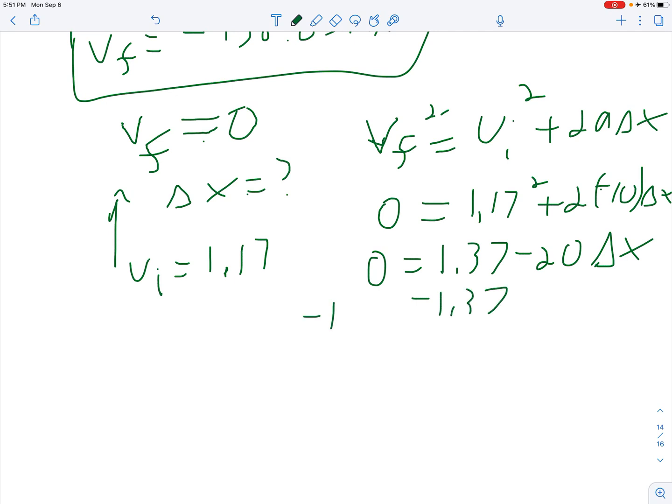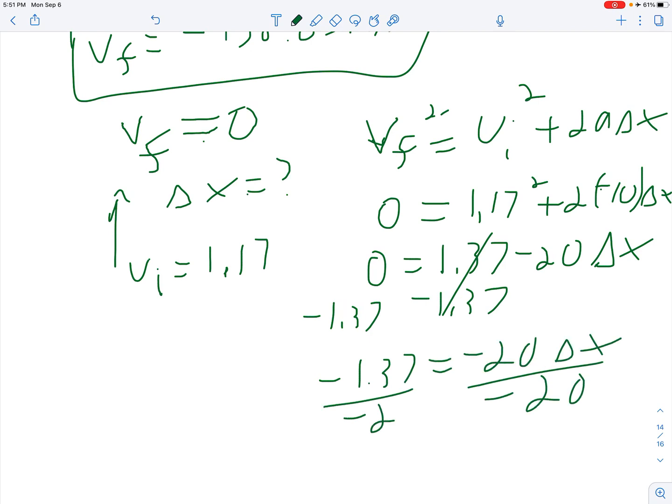I'm going to subtract it. So I get this. Divide by negative 20. Doesn't go very high.